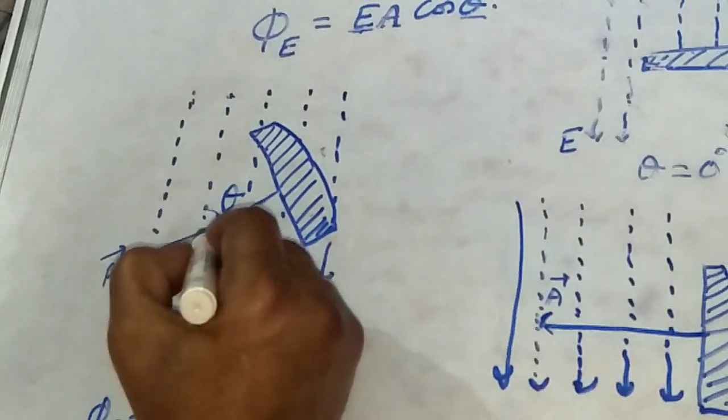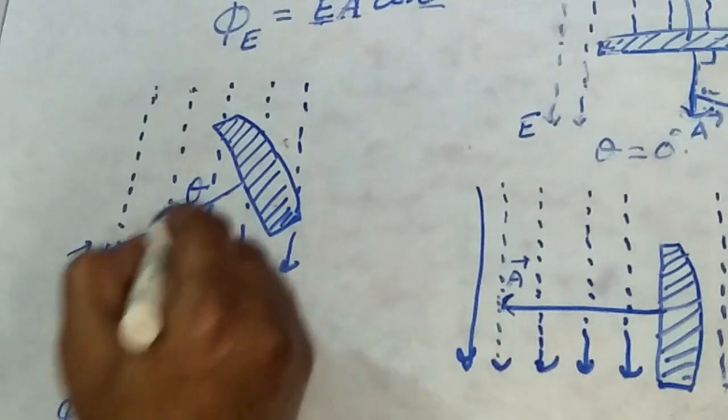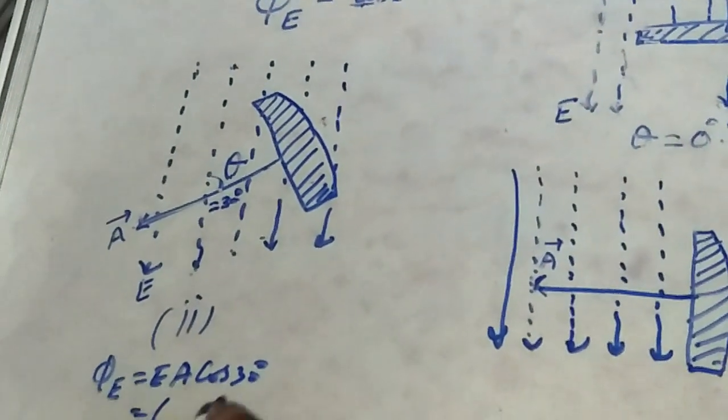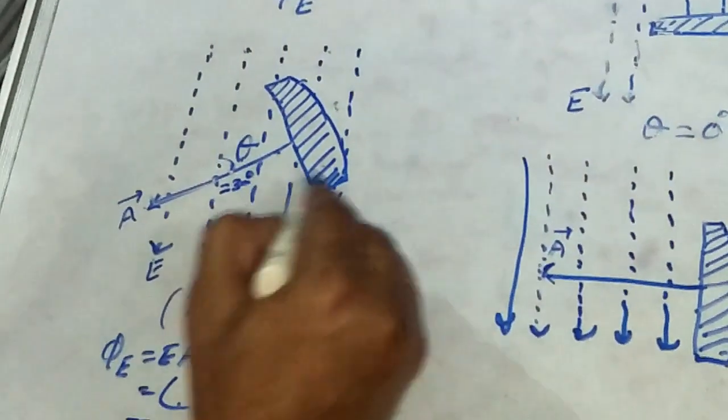Suppose I take theta equal to 30 degree. So you can take here EA cos 30, and now you put the value of cos 30 and you can find out the electric flux passing through this surface.